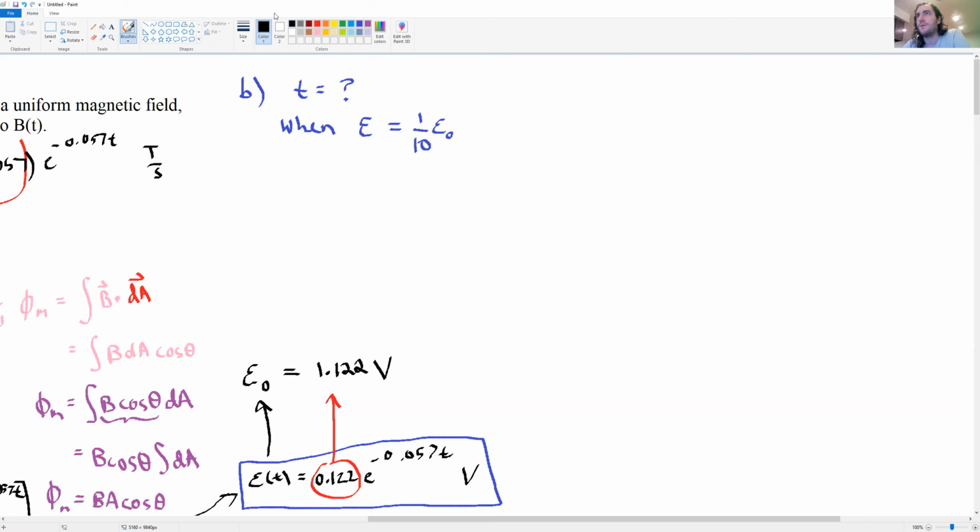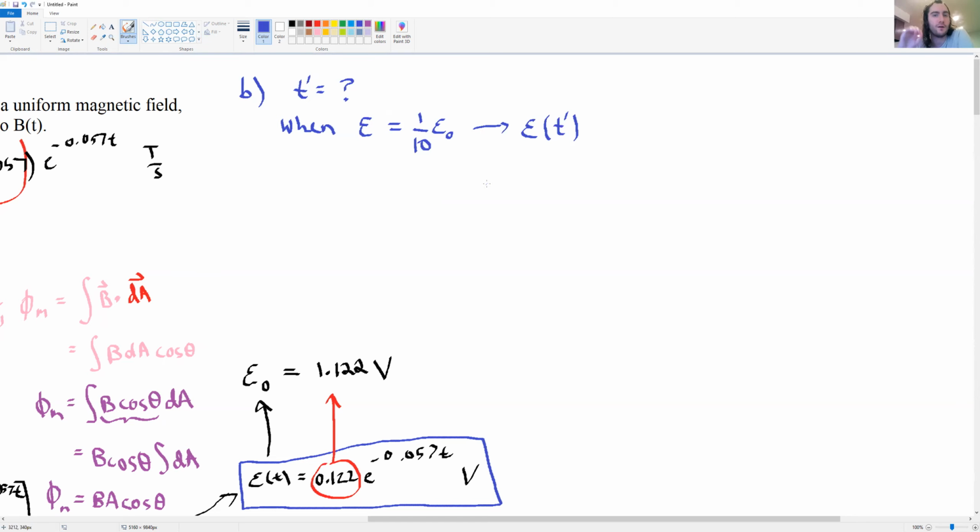Okay, so this statement right here is essentially the same as, let's make it a slightly more precise mathematical statement. It says if I take the function E of t and I plug in some value of t, let's call it t prime. Let's ask the question, what is the value of t prime here, which is some specific time.